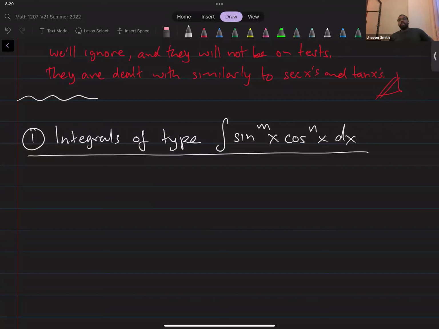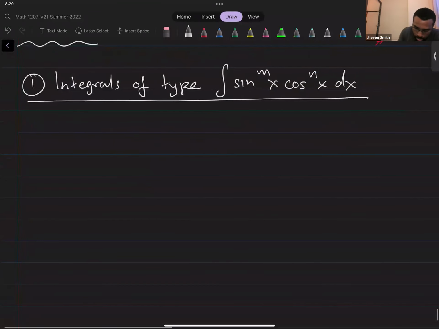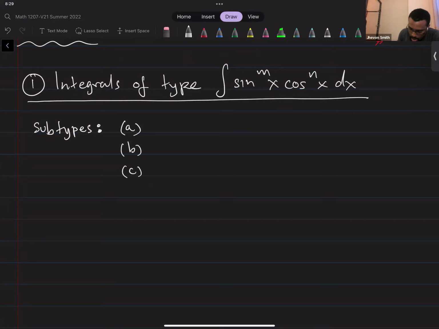Okay, so there are subclasses to deal with. Subtypes. So let's deal with A, B, C, D. Here's how we're going to break this down.